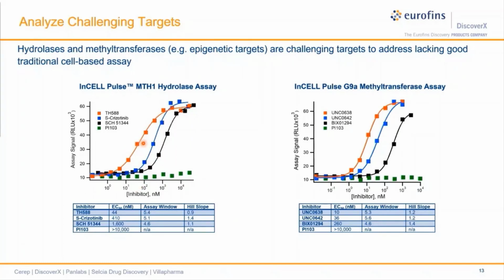The rank order of potencies of these 3 compounds are generally in good agreement with published values. On the right here, these curves show analysis of 3 G9A inhibitors and again the inactive lipid kinase inhibitor.